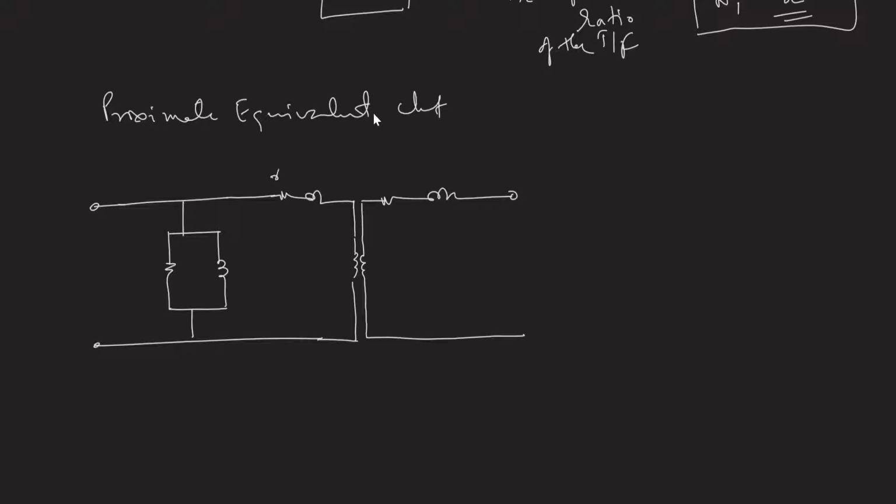This is R1 X1, this is R2 X2, this is E1, this is E2, this is RC XM I0, and this is I1, this is I2, and this is V1 V2, right?